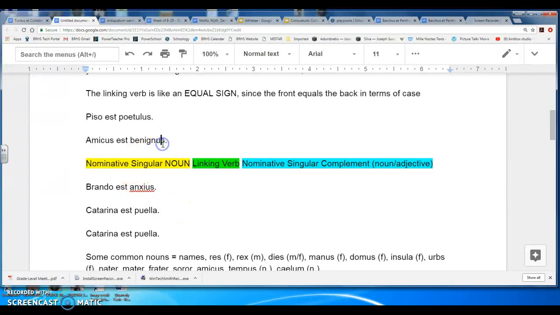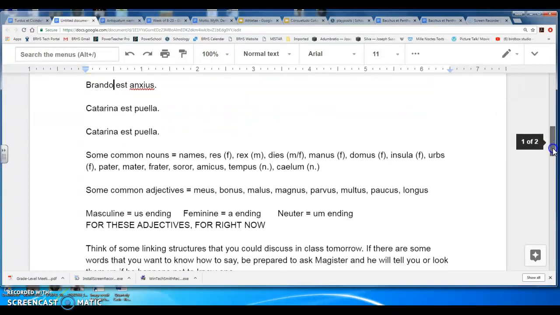But the reason that this has US is because amicus is masculine, not because it ends in US. Same thing with Piso est poetulus. Or Brando est anxius is a better example. Brando ends in an O, but anxius ends in a US. This is grammatically correct, but that's because Brando is singular nominative, so we need the singular nominative form of anxius.